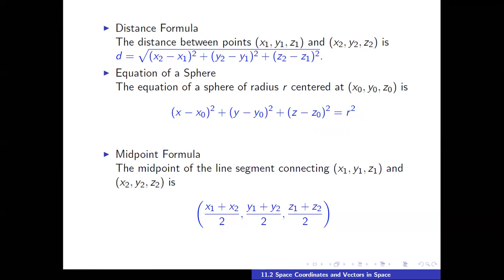Believe it or not, that's a formula you utilize a lot in 3-dimensional space. Any questions on this so far? The distance formula gives rise to the equation of a sphere, and this midpoint formula will be useful to us pretty soon.